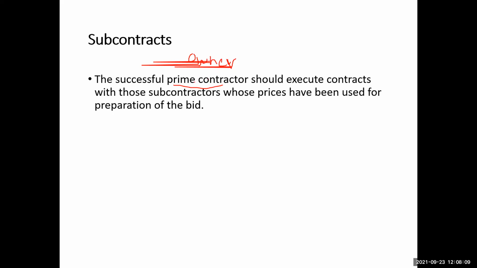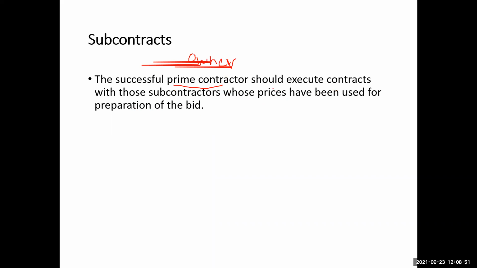So when submitting the bid, the prime contractor may have contacted some potential subcontractors, okay? And those subcontractors may have provided them some prices. And then based on those prices, the prime contractor may have submitted the bid. So therefore, as a matter of ethics, the prime contractor should only execute the contracts with those subcontractors whose prices have been used for the preparation of the bid.